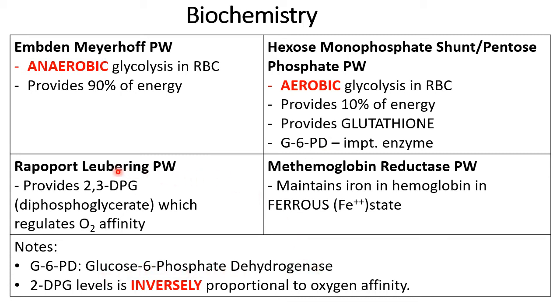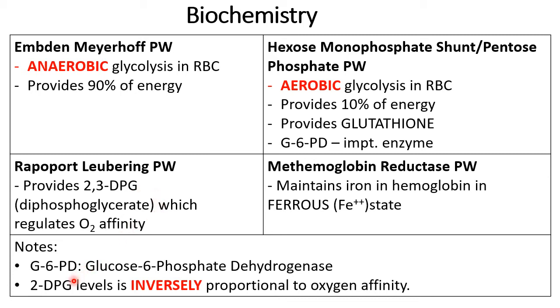Next naman, Rappaport-Luebering pathway. This provides your 2,3-DPG, which regulates the oxygen release and binding of the hemoglobin. Mas maraming 2,3-DPG, mas nag-release ng oxygen yung hemoglobin.